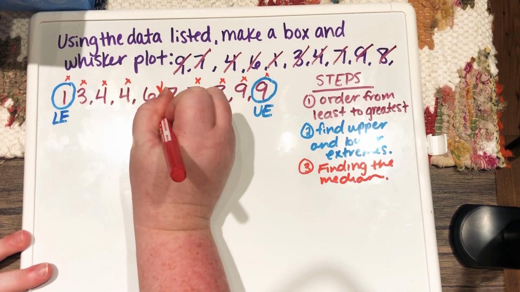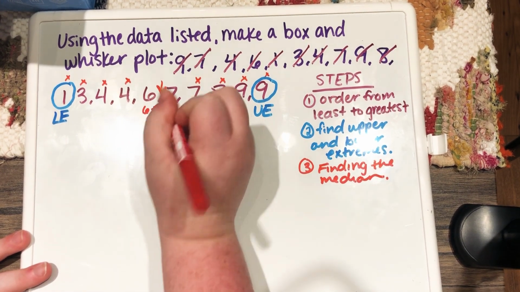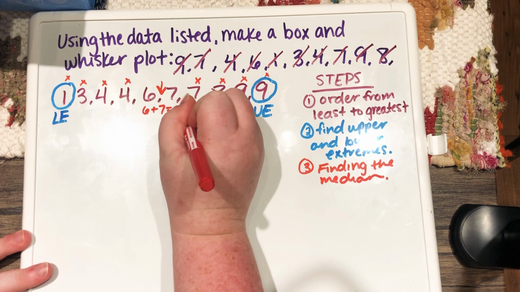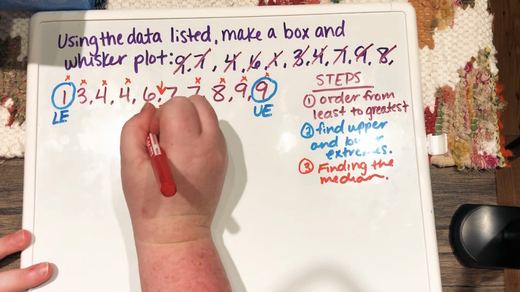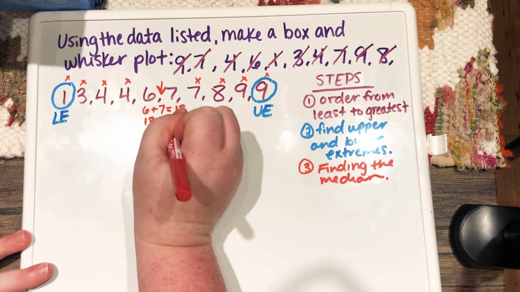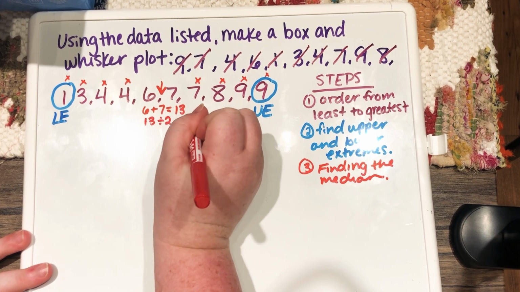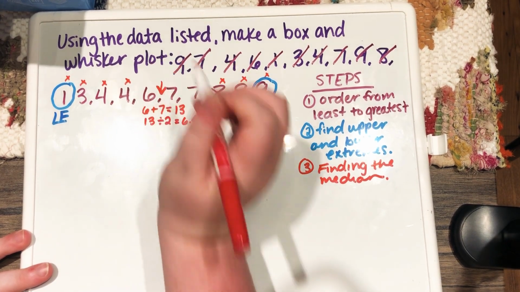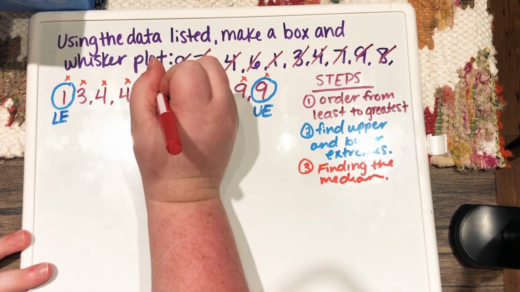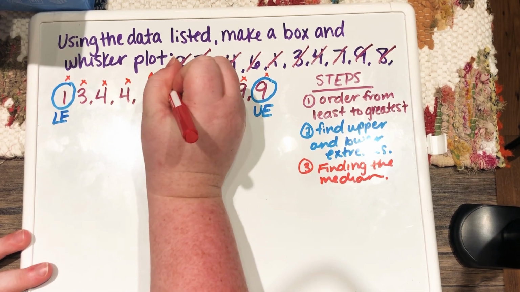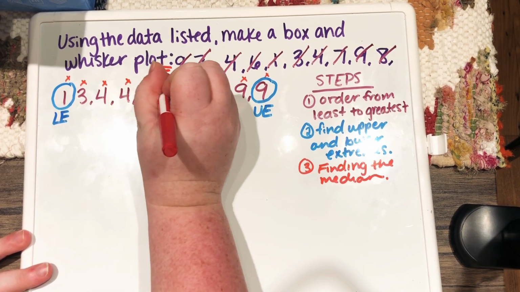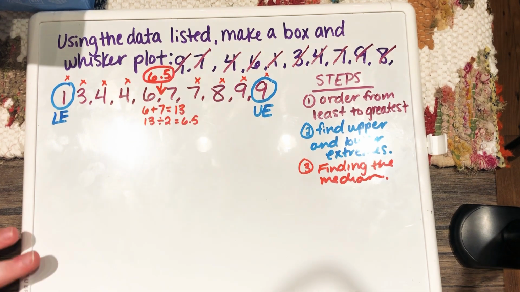So 6 plus 7, well, that would give me 13. And then 13 divided by 2 is 6.5. So our median is 6.5. And I'm going to circle that up here. So we found our median, and that was step 3.